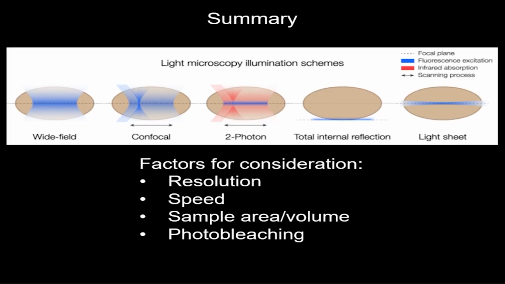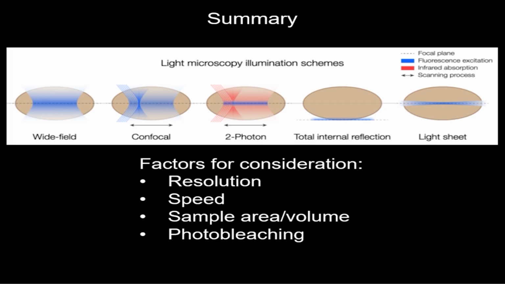This is a comparison of all the different techniques. Let's say your object is like this. If it is wide field, you are seeing the whole thing. If it is confocal, you have a point source of light that is scanning and capturing the image. If you have two photon, you are exciting only this point and scanning it.